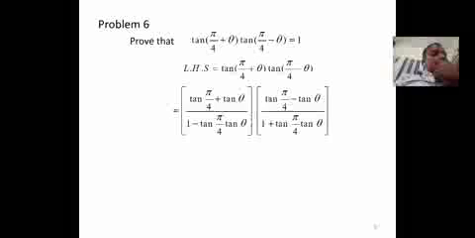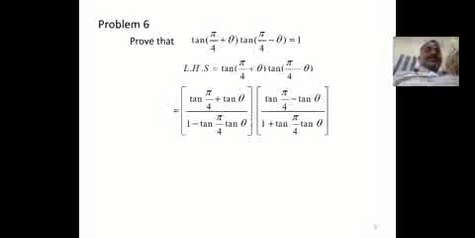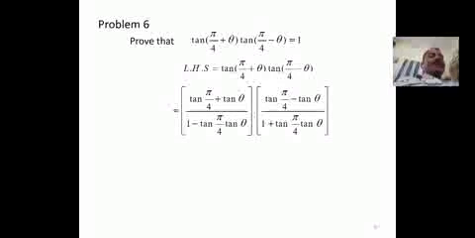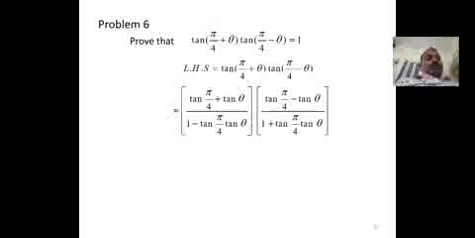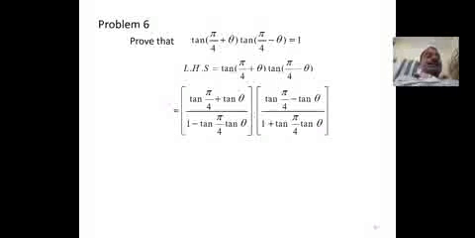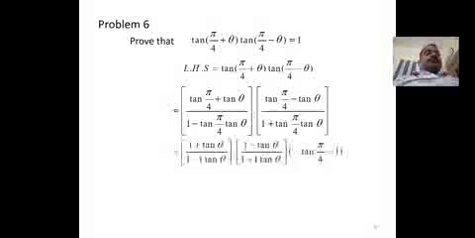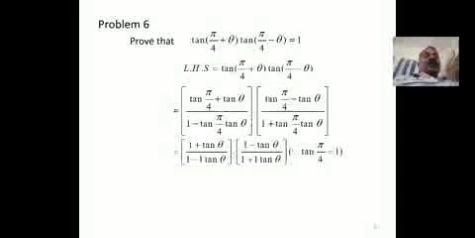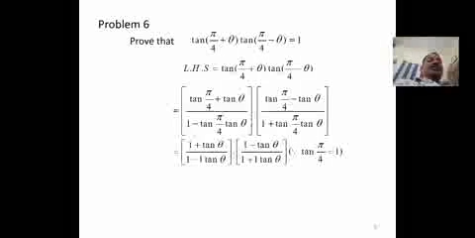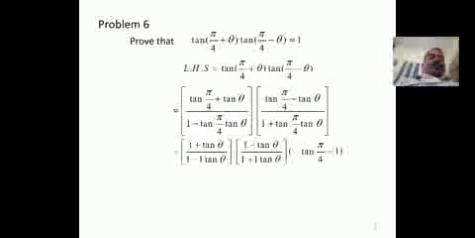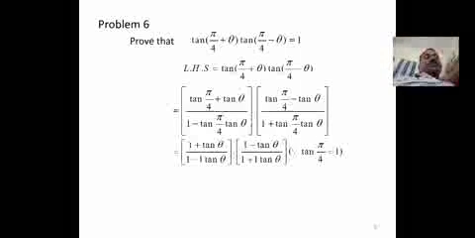So 1 plus tan theta for the first fraction, 1 plus tan theta by 1 minus 1 into tan theta. And this is 1 plus tan theta by 1 minus tan theta into 1 minus tan theta by 1 plus tan theta. Just recall, we have already discussed in the last class, tan pi by 4 plus theta is 1 plus tan theta by 1 minus tan theta.